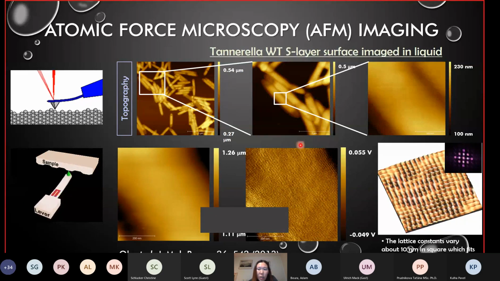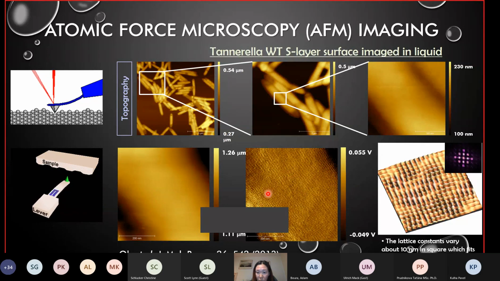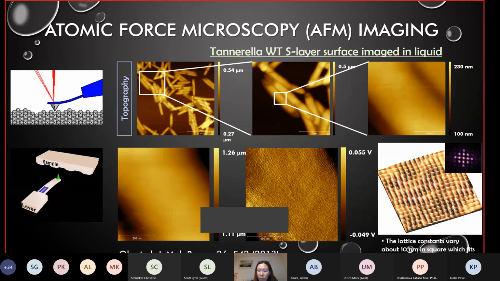And when we measure this bacteria surface in the physiological condition using tapping mode, we could clearly see the protein lattice structure, as you see here. And then when we Fourier transform this image, the lattice structure of the surface protein layer on living bacteria has about a 10 nanometer lattice, which fits pretty well with the previous electron microscope result.